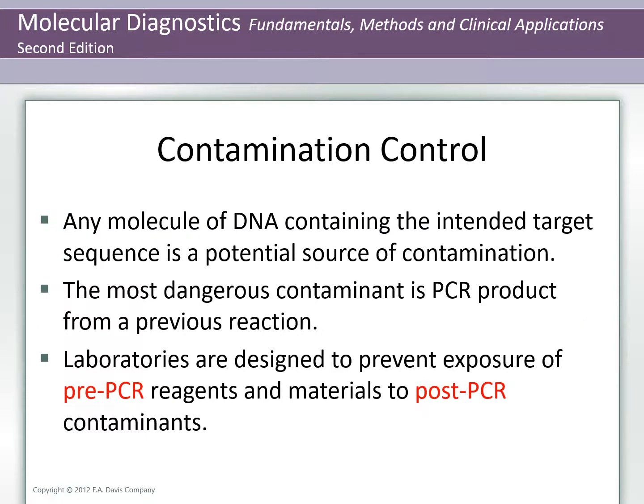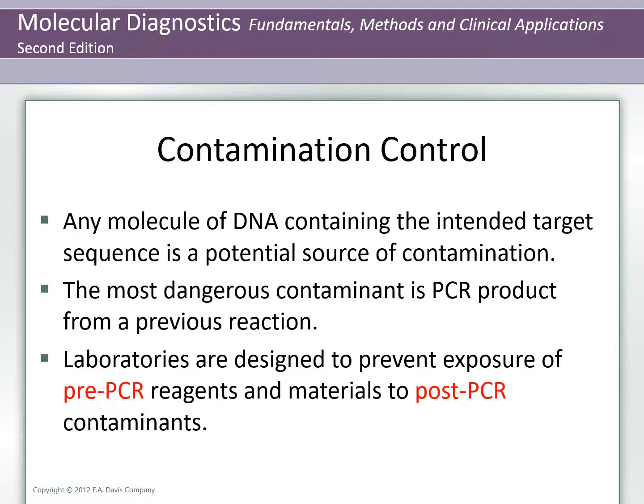When considering contamination control in the PCR procedure, any molecule of DNA that contains the intended target sequence is a potential source of contamination, and the most dangerous contaminant is the PCR product from a previous reaction.